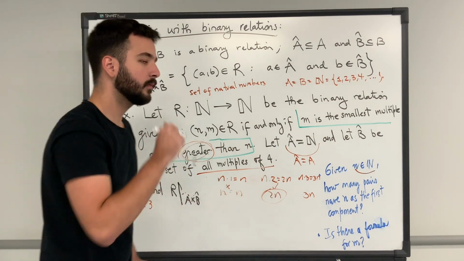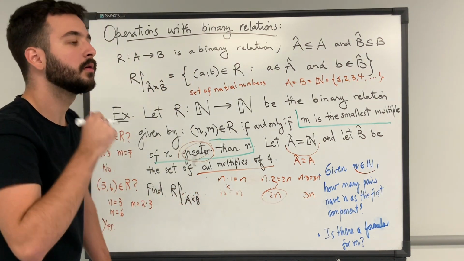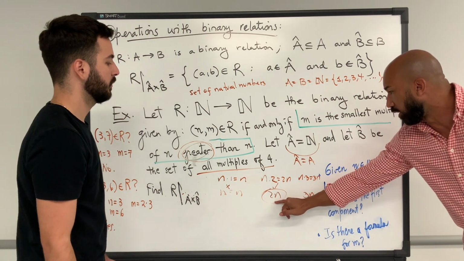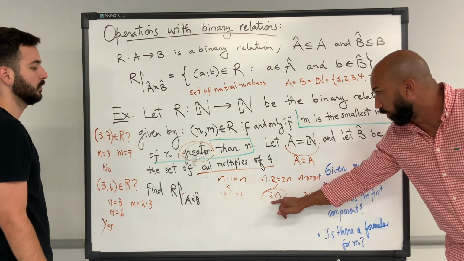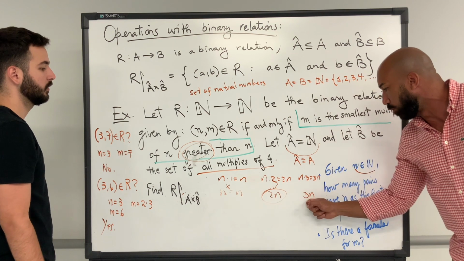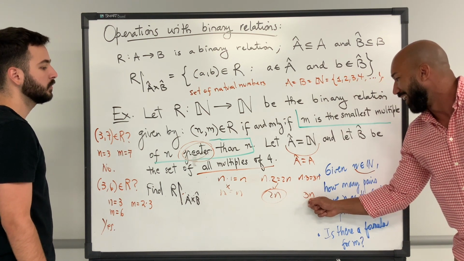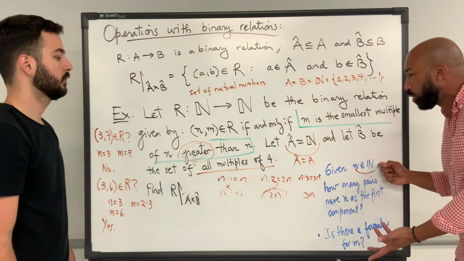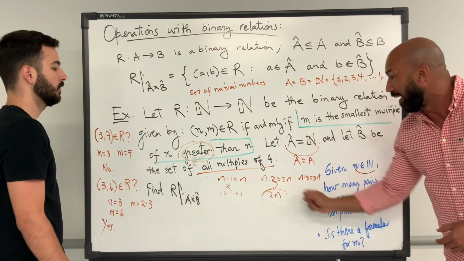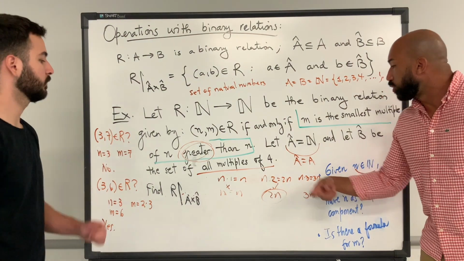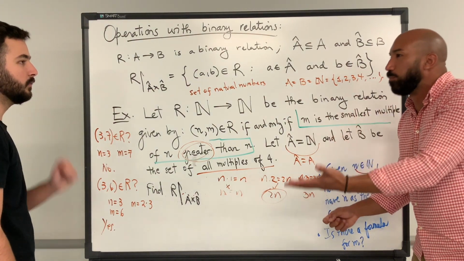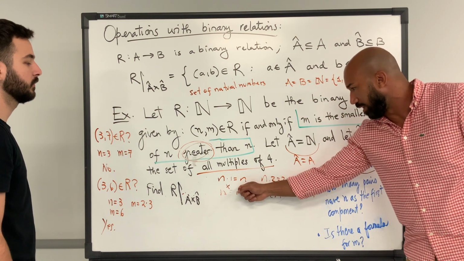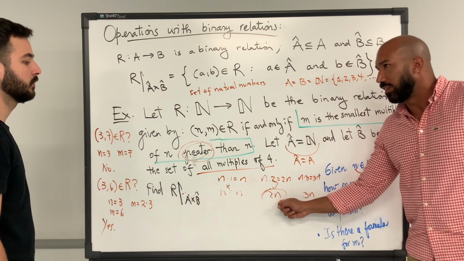Because 3 times n is greater than n, but it's also greater than 2n. So these two are multiples of n, both of them greater than n, but this one is smaller than this one. And if we continue multiplying n by 4, n by 5, we are going to continue getting multiples of n that are greater than n, but also greater than this multiple here. Which means that the smallest multiple of n out of all those multiples that are greater than n is 2 times n. Is that okay?